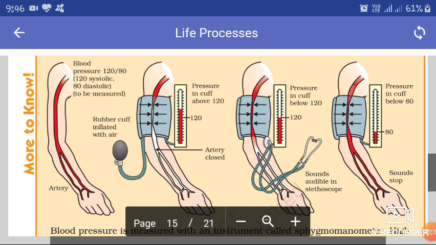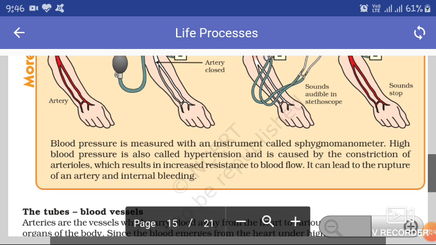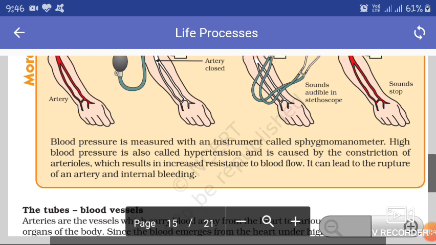When the pressure in the cuff falls below 120, sound is audible through the stethoscope, and when the pressure in the cuff falls below 80, the sound stops. Blood pressure is measured with the instrument called a sphygmomanometer.